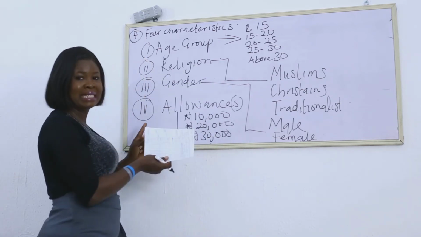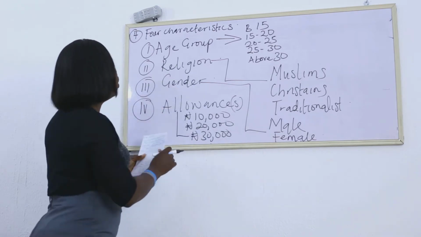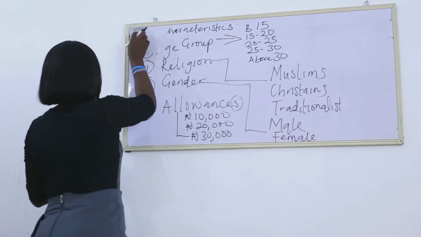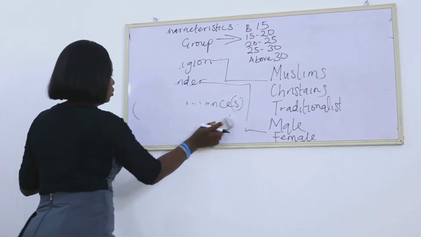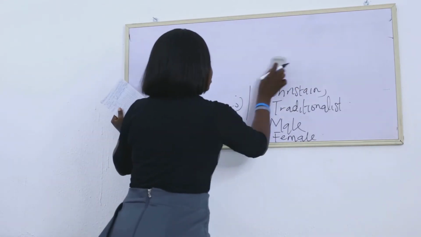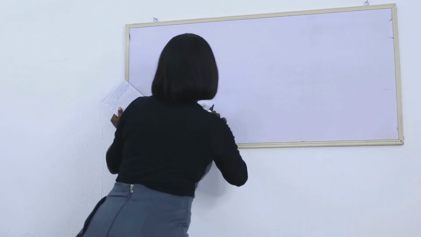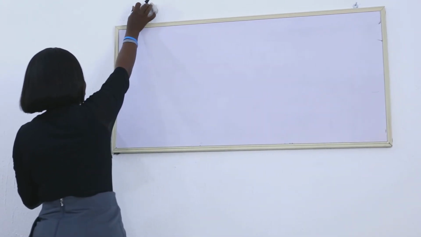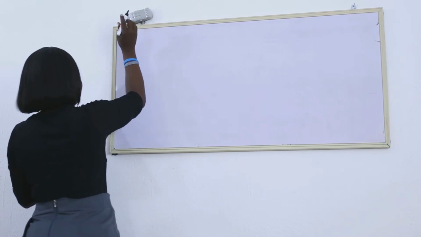So I'm going to represent these four characteristics on a single table. And don't forget, this is table 4.